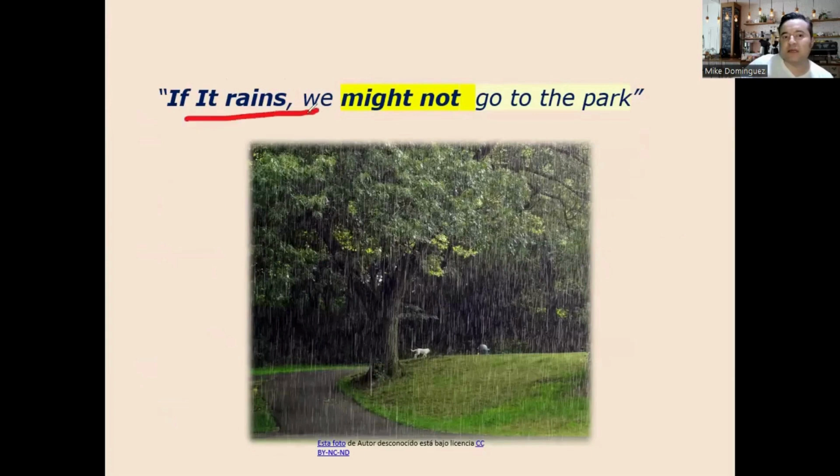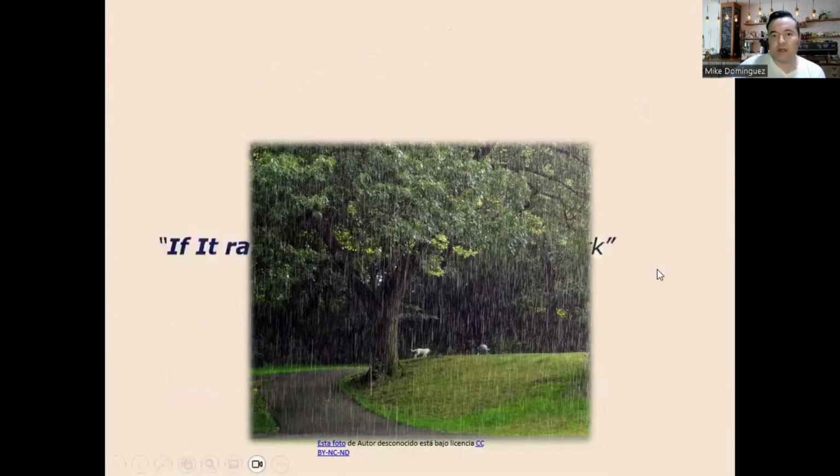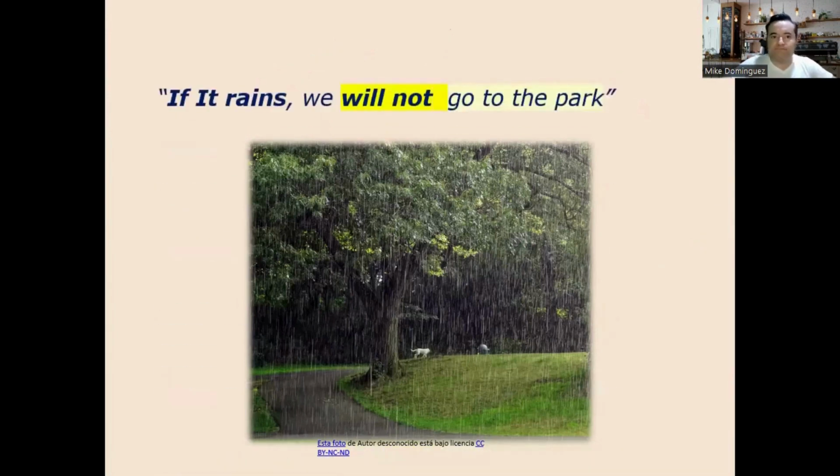Very good. This is the verb in present, and the consequence is in future, where we're using the auxiliary might. Remember, might is a modal that also refers to future. We might not go to the park if it rains. Another example, please. Can you read, Olga?